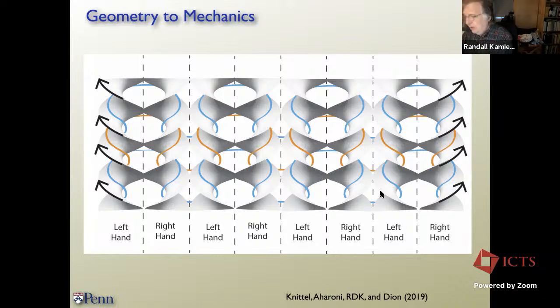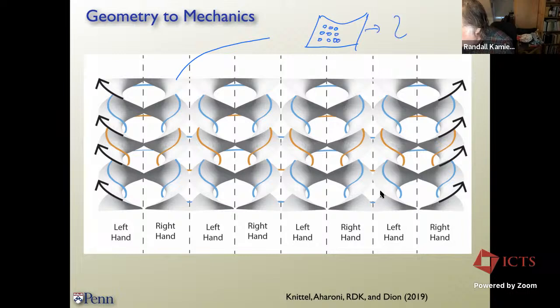You can imagine having your surface, this gray surface here, which has little holes and has the yarn in it. And you can imagine taking the surface and distorting it. You could twist it or bend it or do whatever you want.